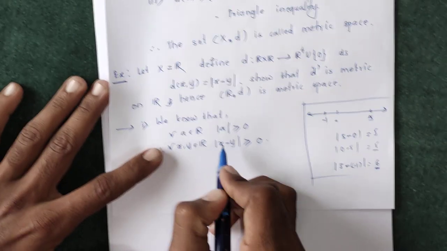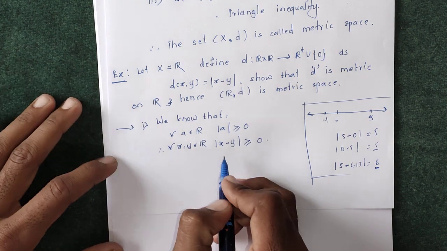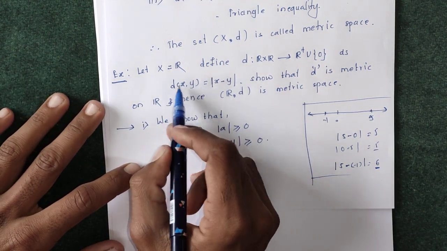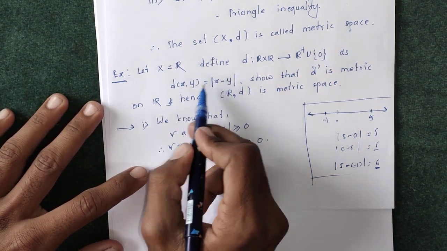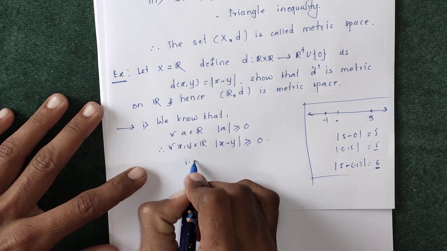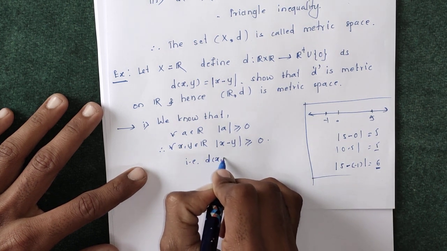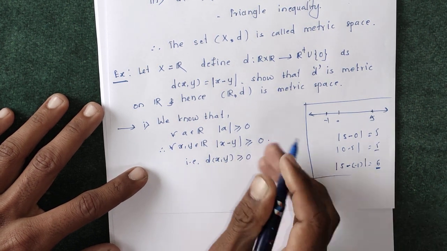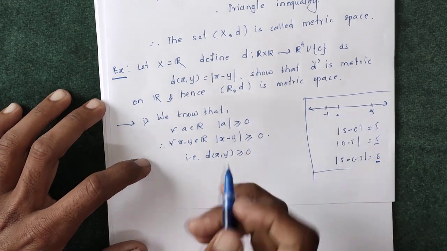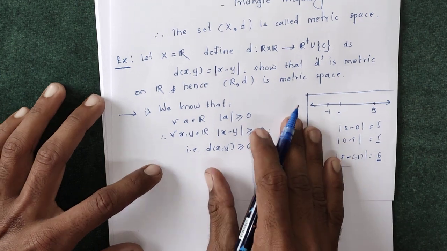But this mod of x minus y is defined as distance of x, y. So mod x minus y can be written as distance of x, y. That is, mod x minus y greater than or equal to 0 means distance of x, y is greater than or equal to 0, and hence our first property is satisfied, that is, this function satisfies non-negativity.